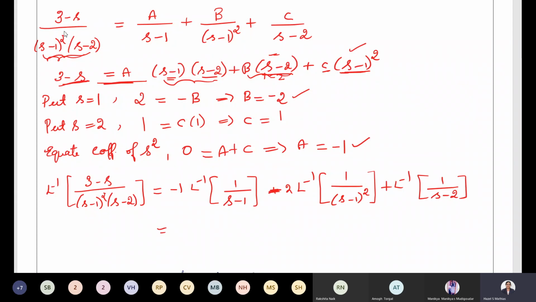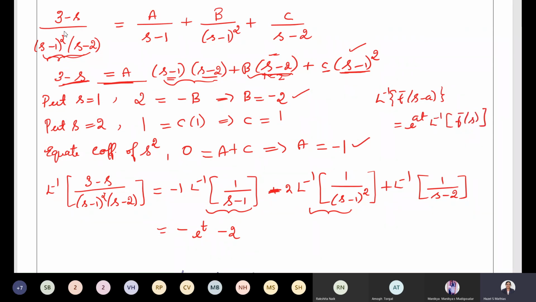So find the inverse Laplace transform of this. What do we get from this? It is minus, what is L inverse of this? e power t. Then minus 2 into, what is L inverse of this one? Here you have to apply that property. L inverse of F bar of (s minus a) is equal to e power at into L inverse of F bar of s.